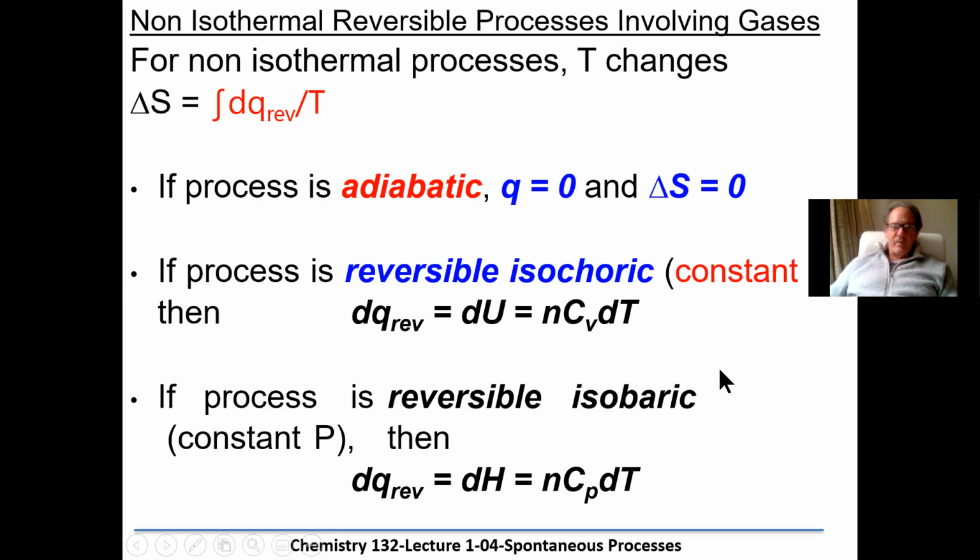If the process is reversible isobaric, meaning constant pressure and reversible, then dq reversible equals dH, the change in enthalpy, which is also equal to nCP delta T. In this case, isobaric, meaning constant pressure, the specific heat capacity changes. nCP delta T is a slightly different quantity of energy for heat in this case.